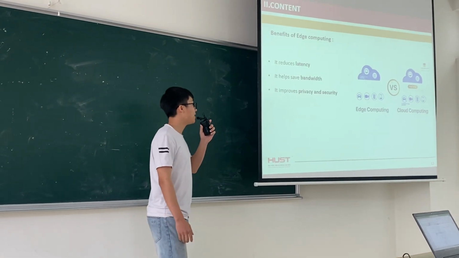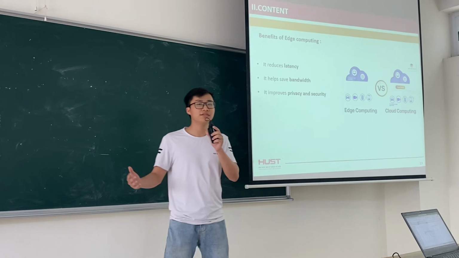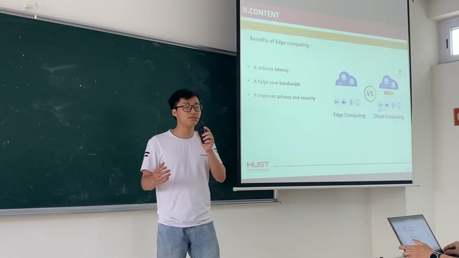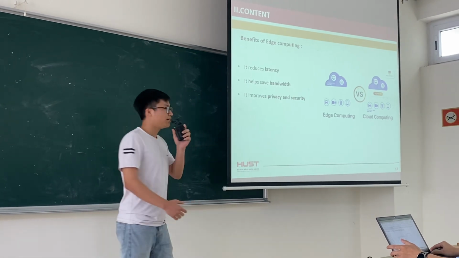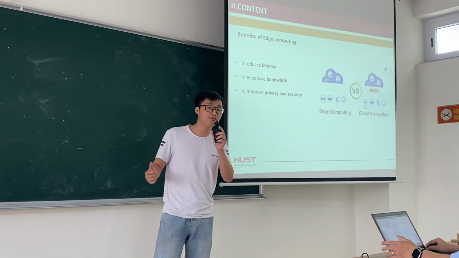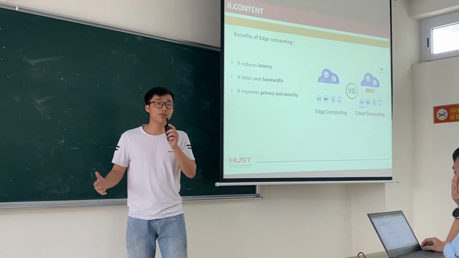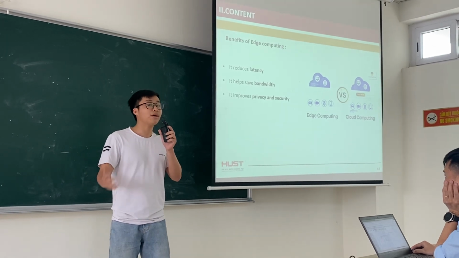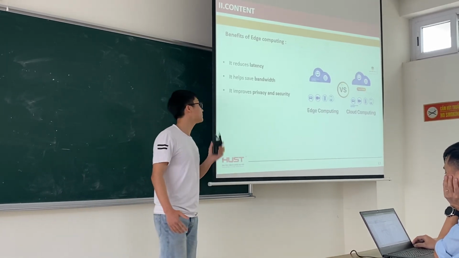Second, it helps save bandwidth. Bandwidth is the speed of the data, like 100 gigabytes per second or something like that. Because it processes data locally, only necessary information is sent to the cloud. So it makes the network more efficient and cost effective.